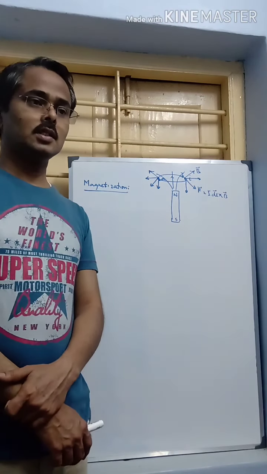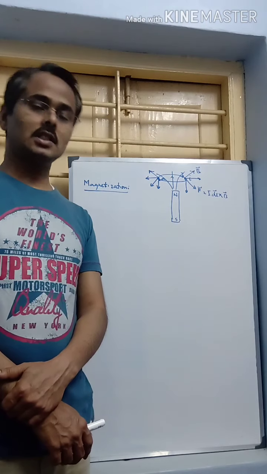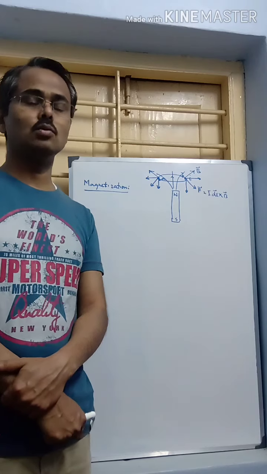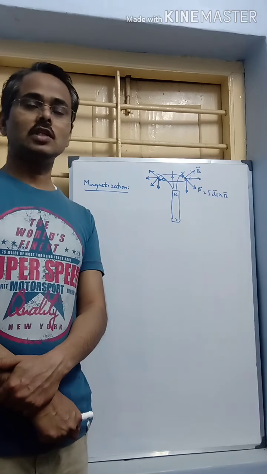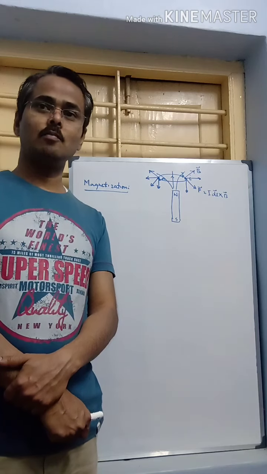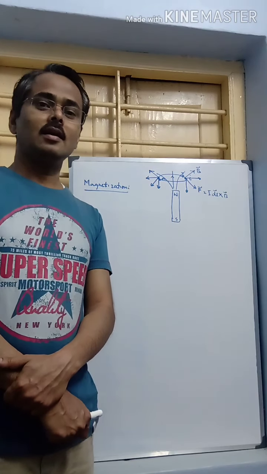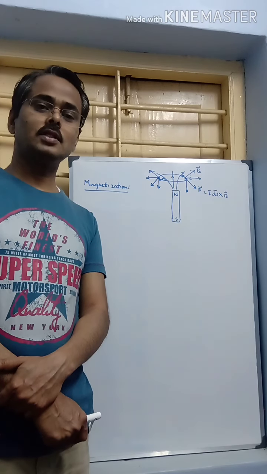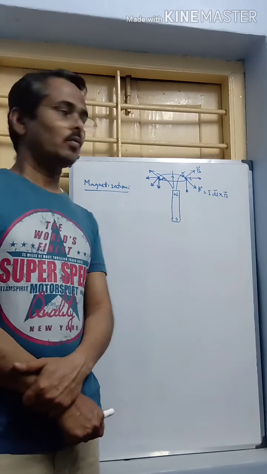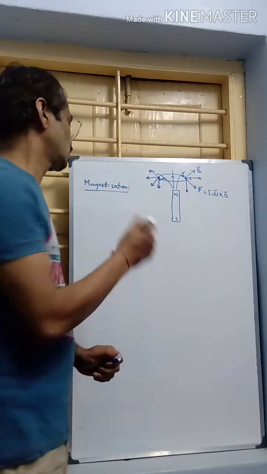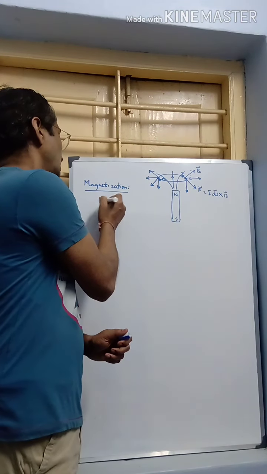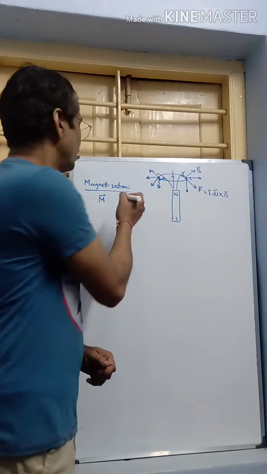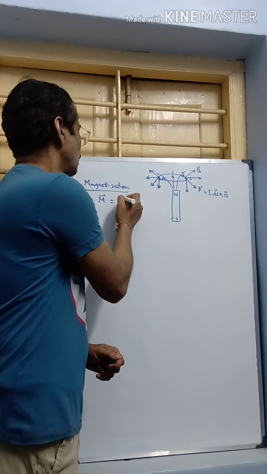For all those purposes, the magnetic dipoles present in the material media will get oriented along the direction of the field due to the torque acting, which we derived in our previous class as m cross B, and this is going to give rise to an orientation of the magnetic dipoles, and so we define a quantity called magnetization, which is defined as M, and this is equal to the magnetic dipole moment developed per unit volume.